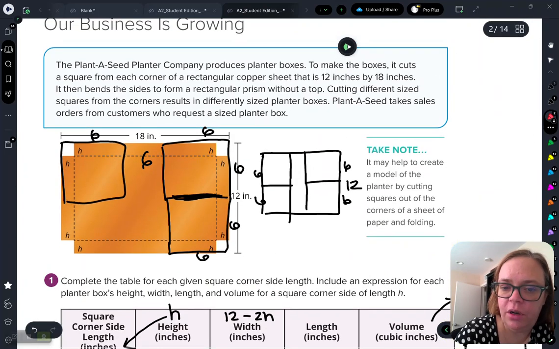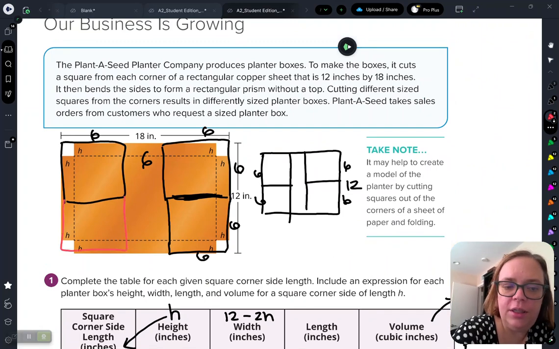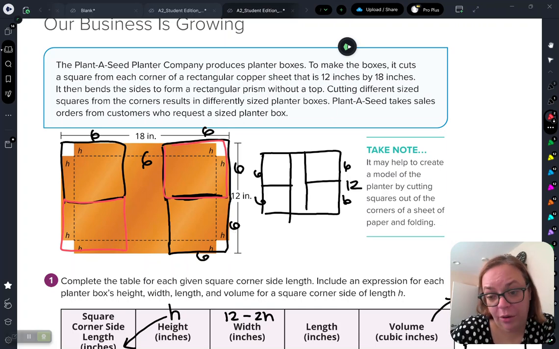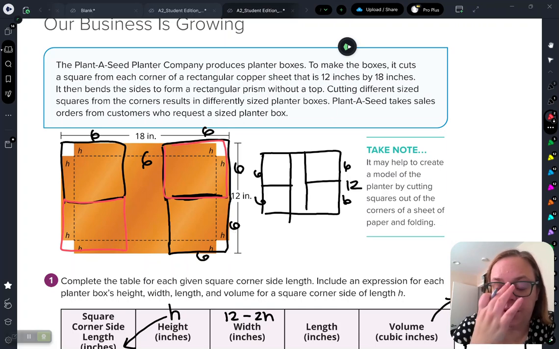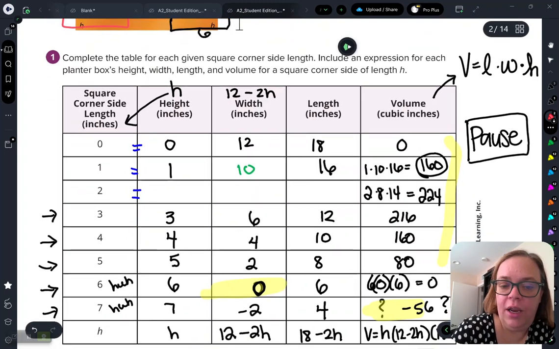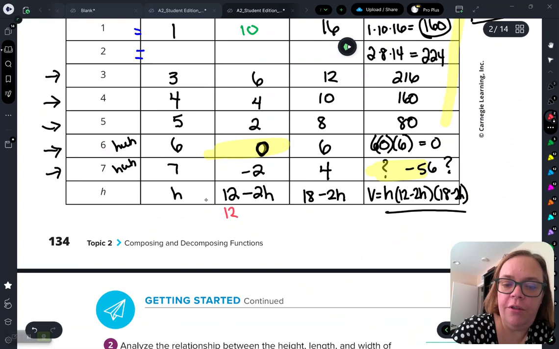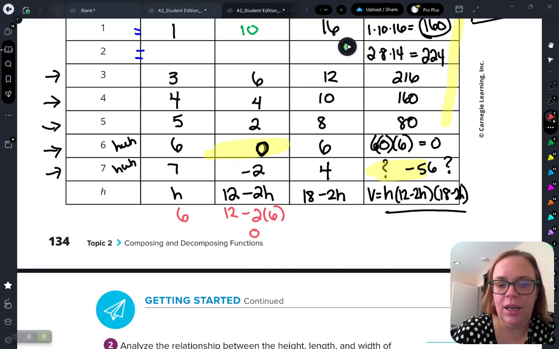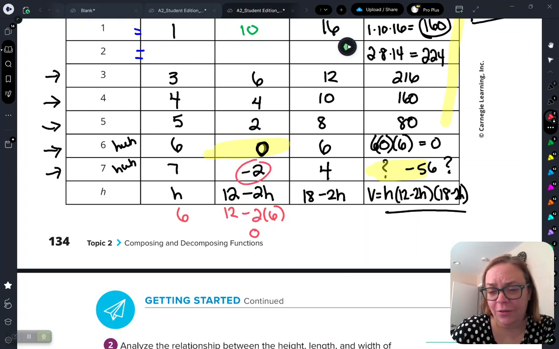You cut out the 6s on each corner, you're not going to have anything left. The volume would have been just 0 because you don't have a width anymore, right? And you can see that in there. If you do 12 minus 2 times 6, which is 0. Doesn't make any sense. Anything beyond that, you start to get negative, and it doesn't make any sense also.